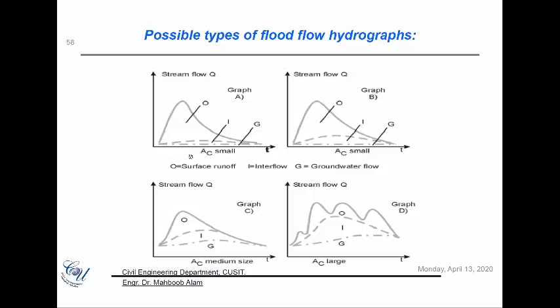For smaller catchments, we usually have a very quick reaction time, so you would have a very marked increase and then a decrease of the base flow. And if you have a very large catchment, then you would see something like this, a hydrograph which has different peaks.